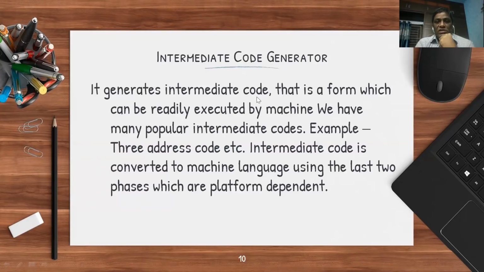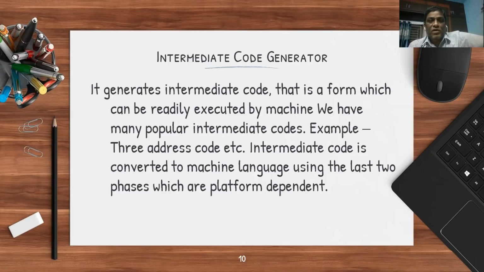Okay, there are many types of intermediate codes. We'll be learning all these things. For example, 3 address codes, 2 address codes, and so on. There are many types of intermediate code representations available. We will learn one by one, probably in the fourth unit or fifth unit. We'll see later how exactly intermediate codes look.